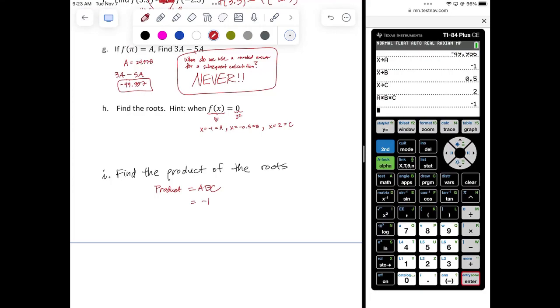Storing values as A, B, and C, especially when they're ugly values that you can't reproduce, right? In this case, if I didn't store it as A, B, and C, I could have just written down -1 times -1/2 times 2 and figured it out like you did on the test yesterday. But this is so much quicker, even when they're nice roots, but it's even more advantageous to do it this way when they're ugly decimals like f of pi.